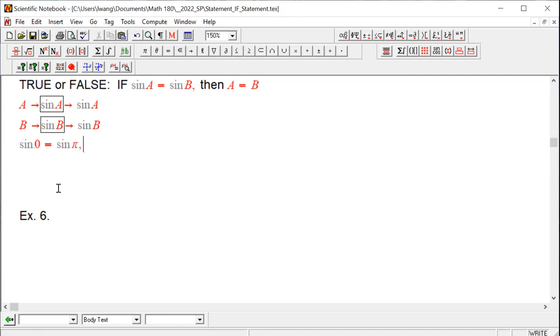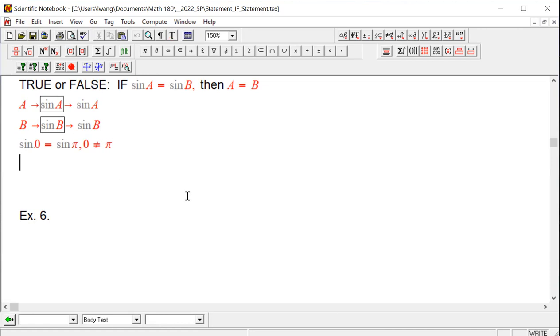Sine 0 is 0, sine pi is 0. But is 0 equal to pi? 0 is not equal to pi. You see, just because the outputs are the same does not mean the inputs are the same.